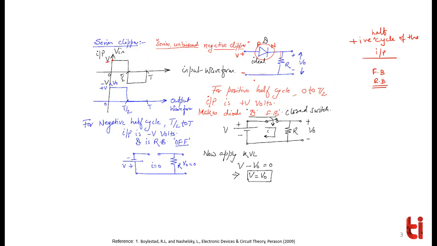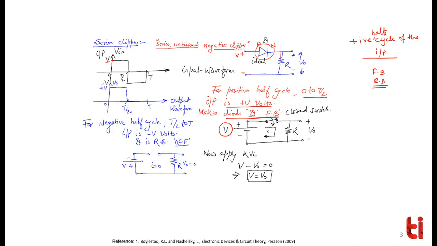So during the positive half cycle, 0 to T by 2, the input is plus V volt, which makes diode D forward biased. As soon as it is forward biased, make it short and redraw the circuit. Here I have redrawn the circuit. V is the voltage, plus to minus, and the diode is a closed switch. Now apply simply a KVL.